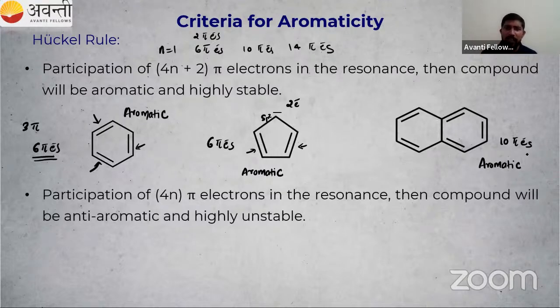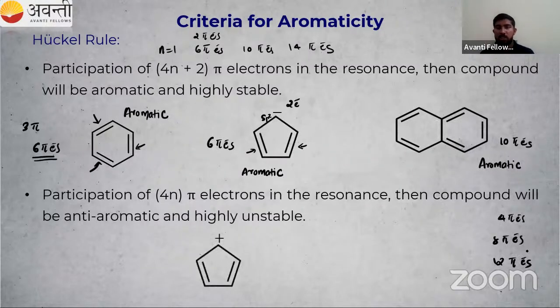Then the fourth one, participation of foreign pi electrons. It can be 4 pi electrons, next 8 pi electrons, next 12 pi electrons, etc. Then we can say it is anti-aromatic and highly unstable in nature.